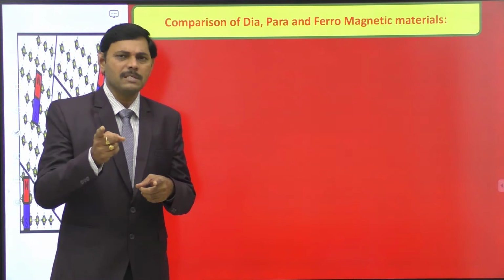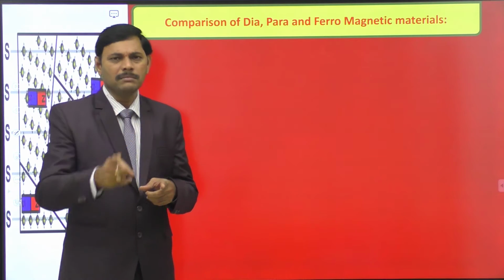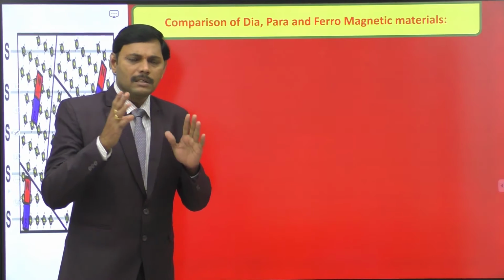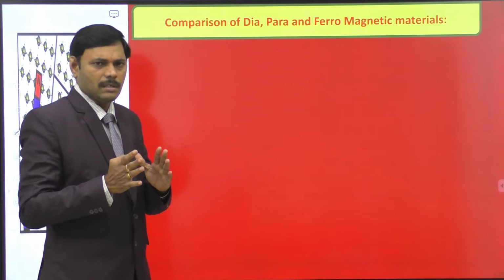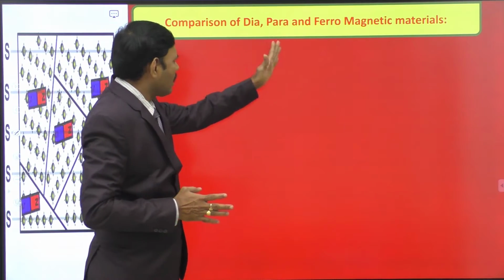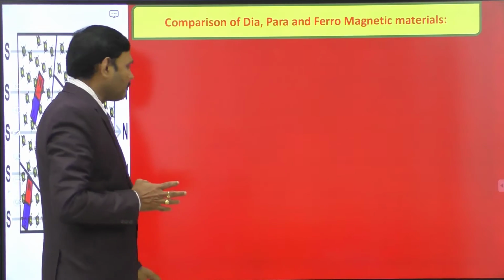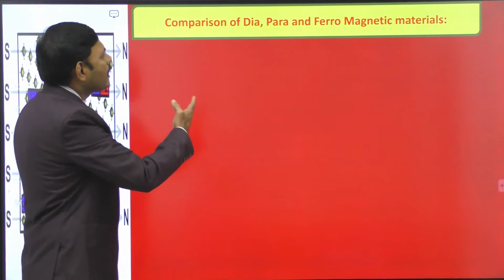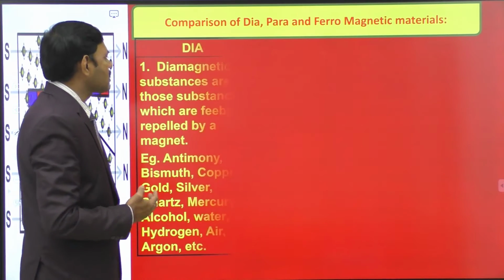Each and every substance has its own magnetic property. Depending upon that magnetic property, the substances are classified into 3 categories: dia, para and ferromagnetic materials. So let me first define what is meant by dia, para and ferromagnetic substances.